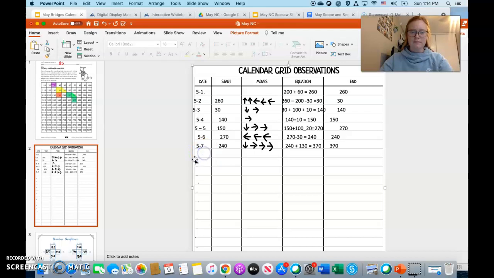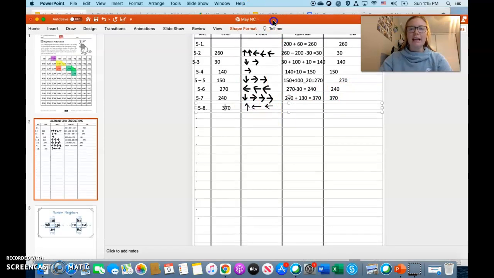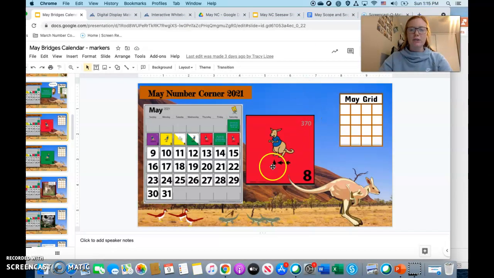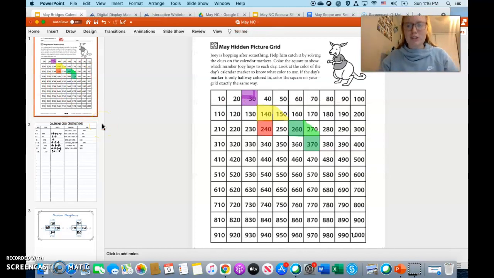Interesting. The date is in here, May 8th, and it's not 270, but it is 370 where we left off yesterday. And you noticed in our kangaroo square, it was one up and two to the left. So I added in those arrows, one up, two to the left. So let's jump to our picture grid.